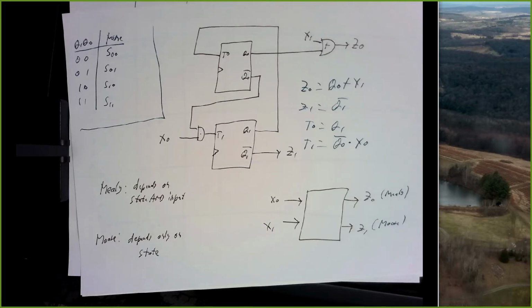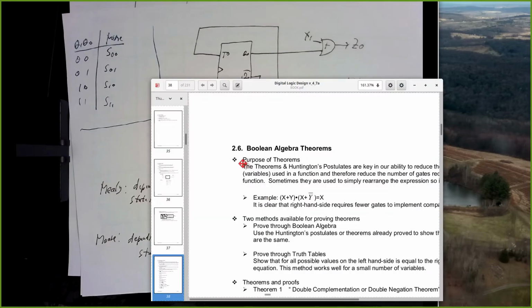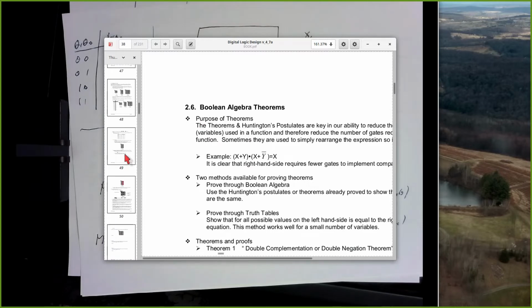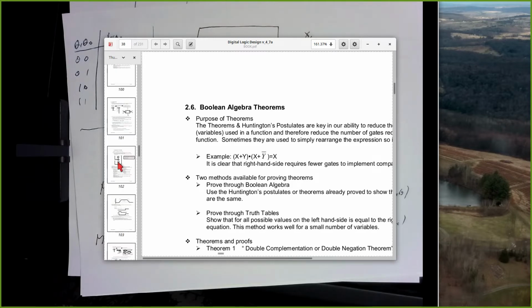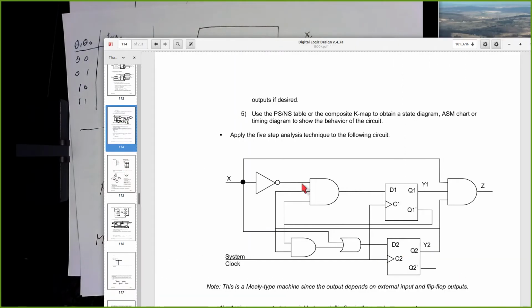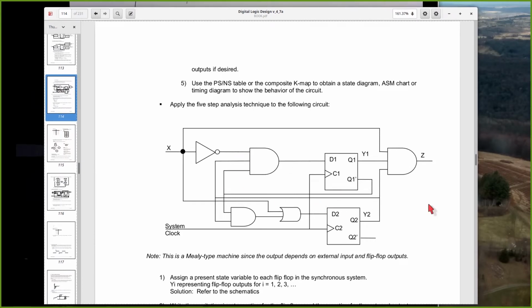And this can be tricky. If you look in the textbook at some of their state machine questions, you've got circuit diagrams like this.